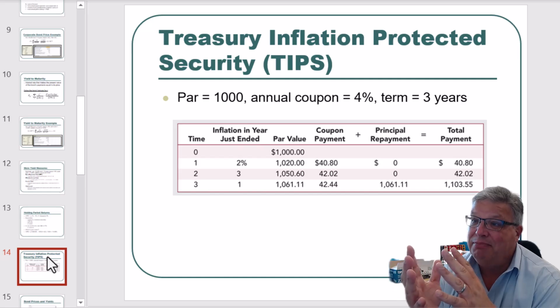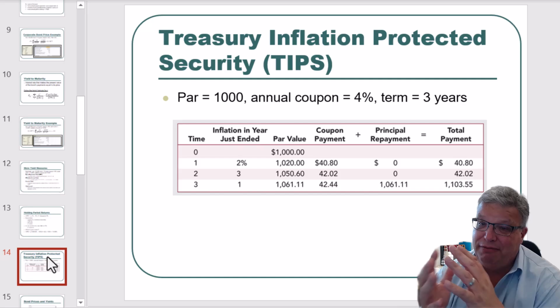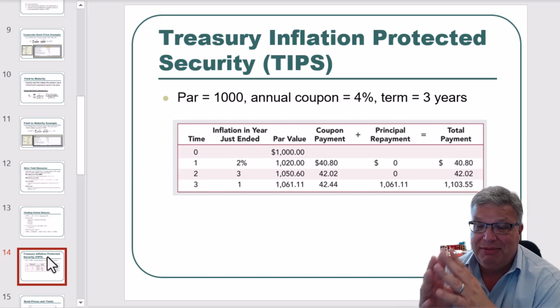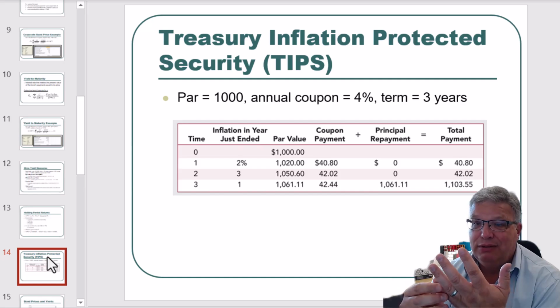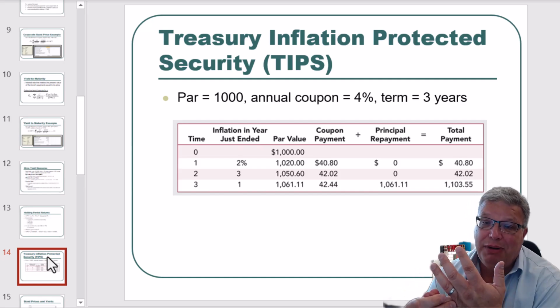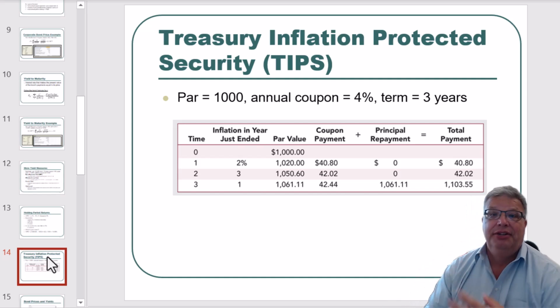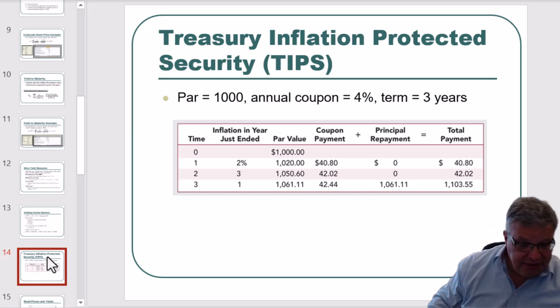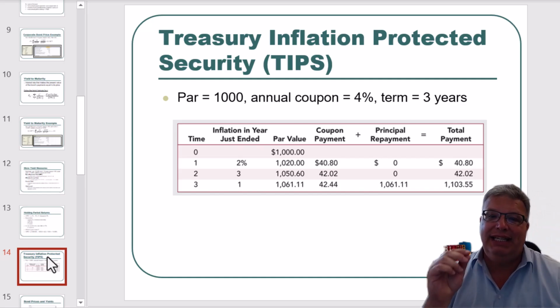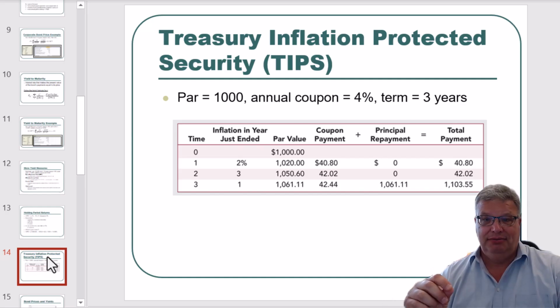But the value of that principal is going to be affected by inflation. So somehow you got to do something that not only compensates for inflation's effect on the coupon payments, but also the repayment of par value. So the answer is, the way inflation protects investors in TIPS is it adjusts par value.